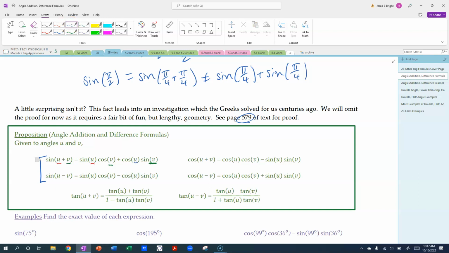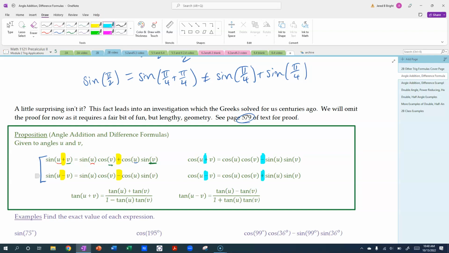And also keep in mind the signs between them. So plus and plus, minus and minus for sine. For cosine, it is the opposite. So plus goes to minus, minus goes to plus.